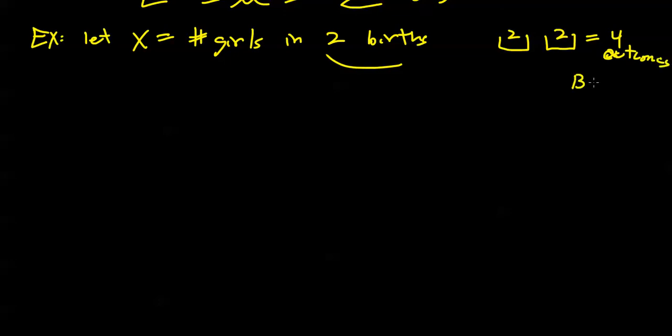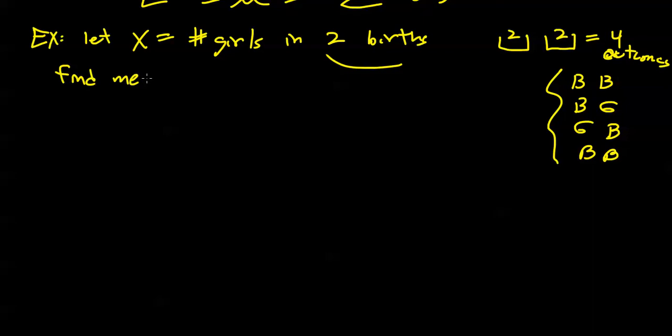Now, we can't always draw the sample space. Sometimes it's too cumbersome. But certainly I can draw it here without too much effort. Let x equal the number of girls in 2 births. Find the mean and standard deviation for x in this simple case.